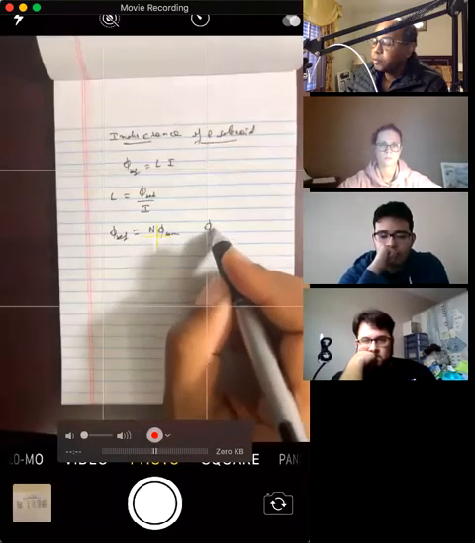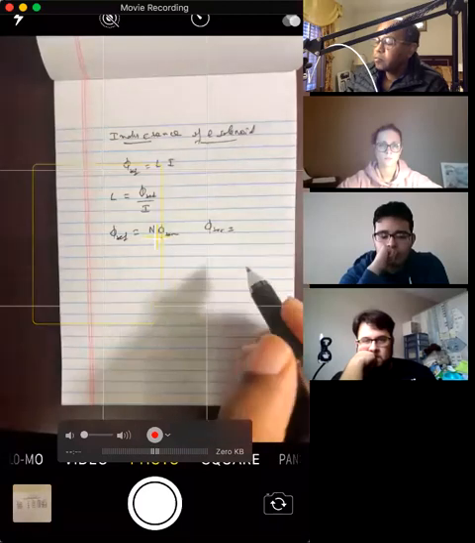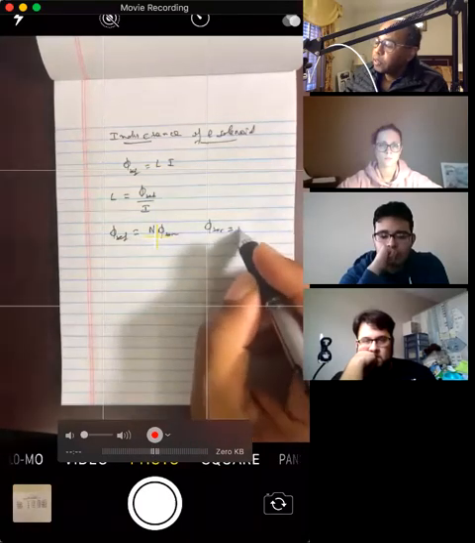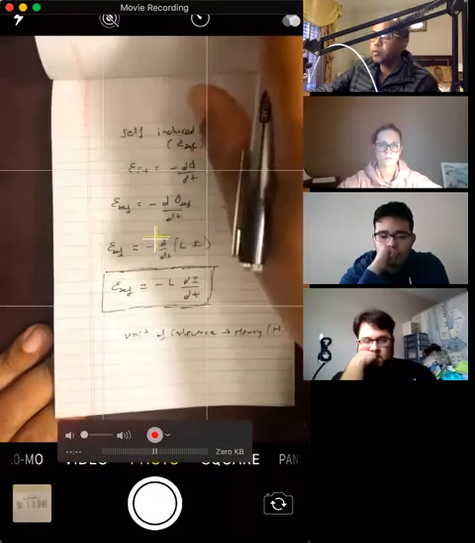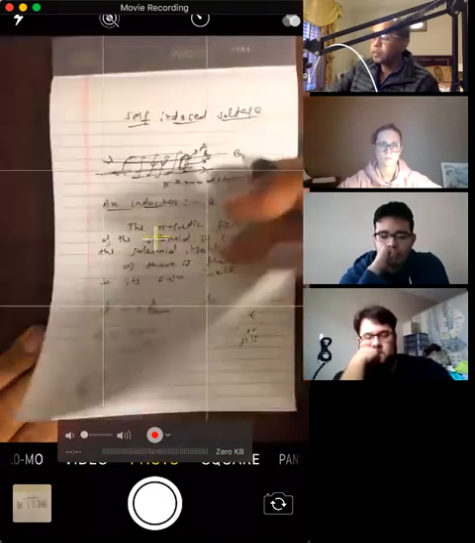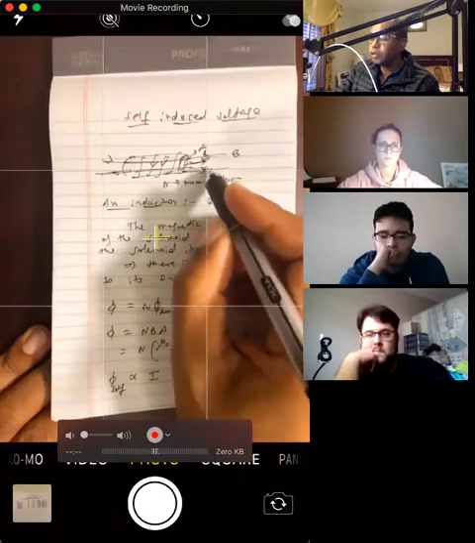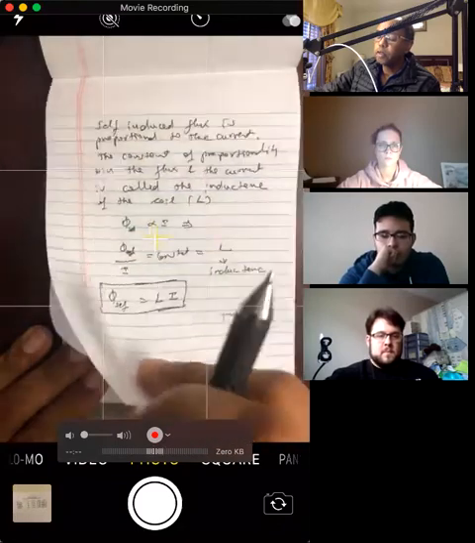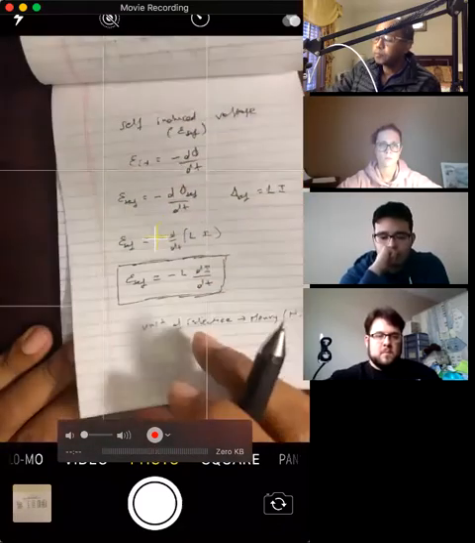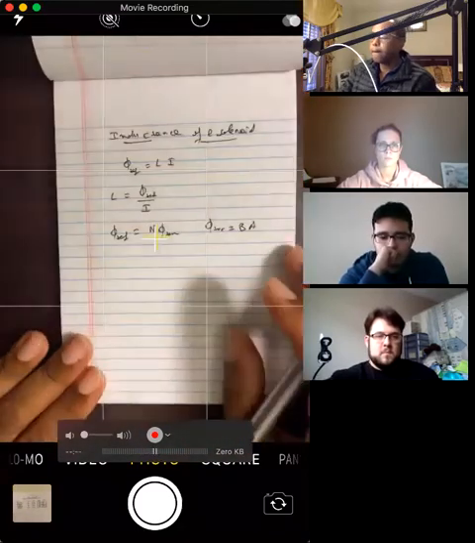And that flux per turn is simply the magnetic field times the area, if you assume the area and the magnetic field are parallel. So you've got the field going this way, the area going this way, they're parallel. Cosine of 0 is 1. We can represent the flux by magnetic field times the area, okay?